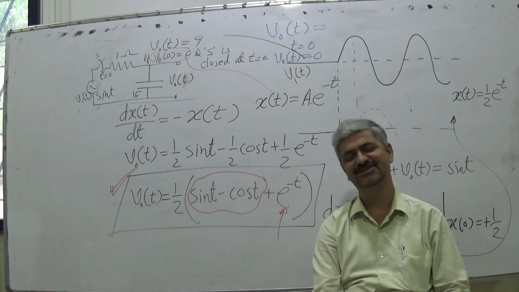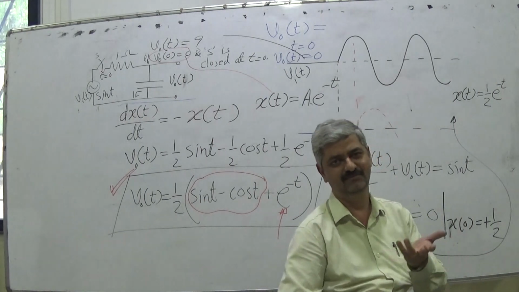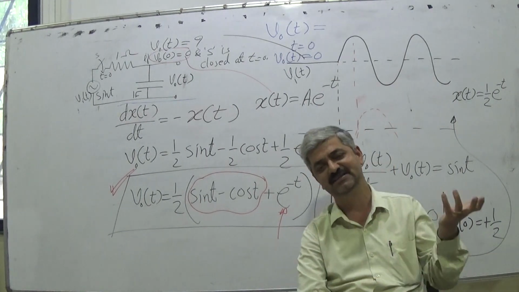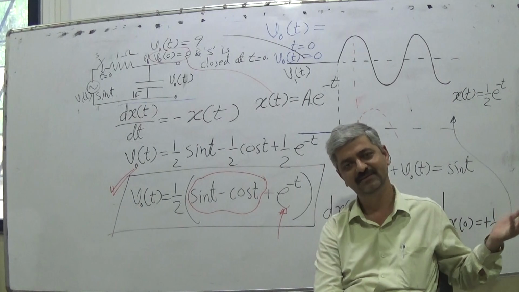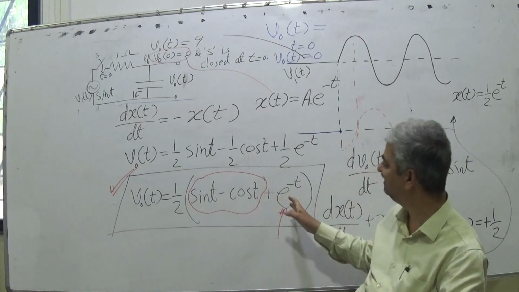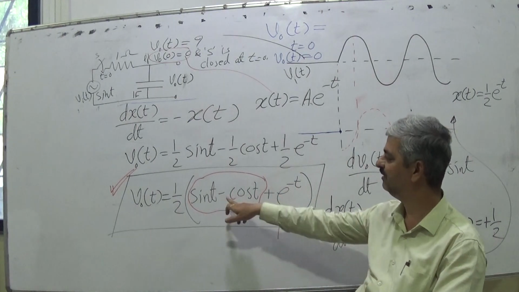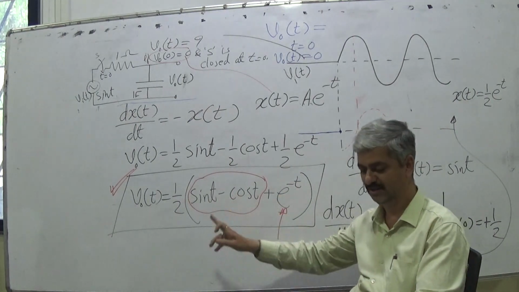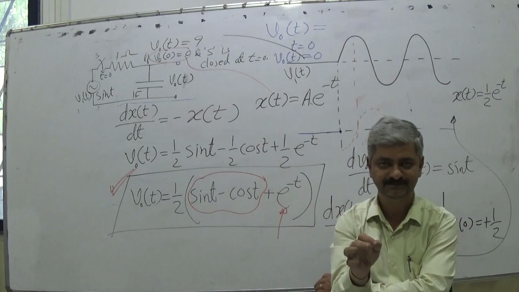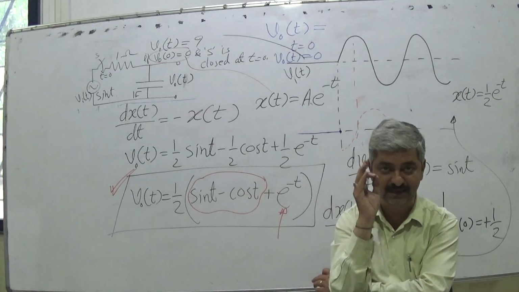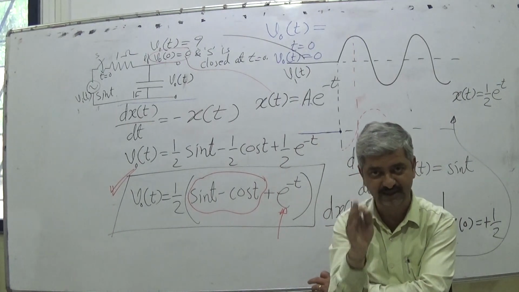Substantially, when t becomes 10 seconds, 15 seconds, 100 seconds, this is negligible, as good as zero. So the output is a sinusoid. Listen very carefully. This is the crux of engineering.